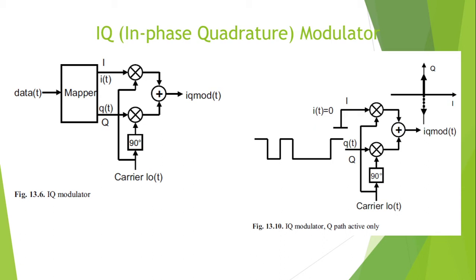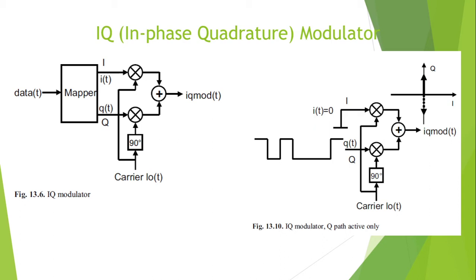So in the vector diagram, the I axis coincides with the real axis and the Q axis coincides with the imaginary axis. Now let us come back to the PAL or NTSC modulators. These two modulators incorporate an IQ modulator.